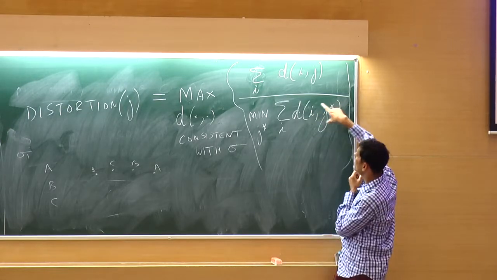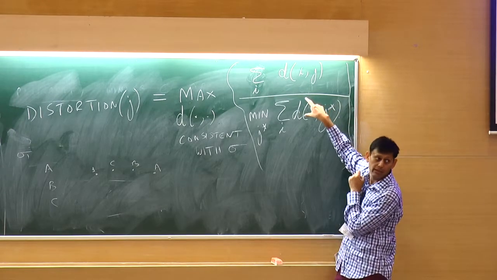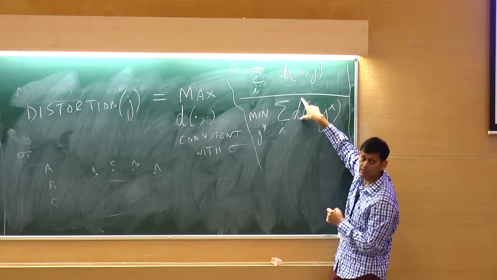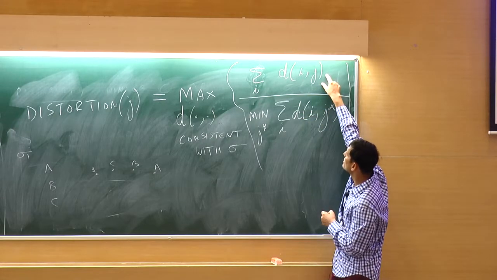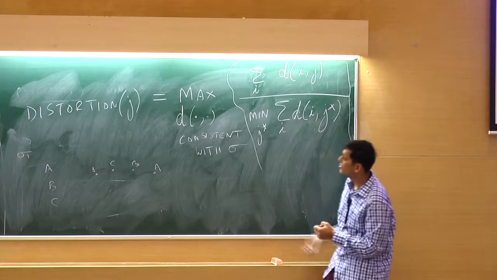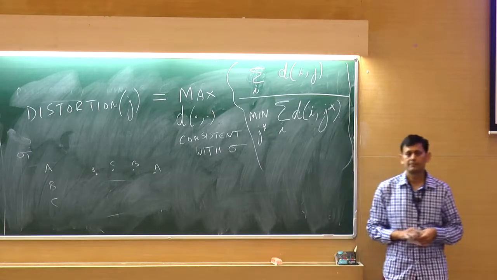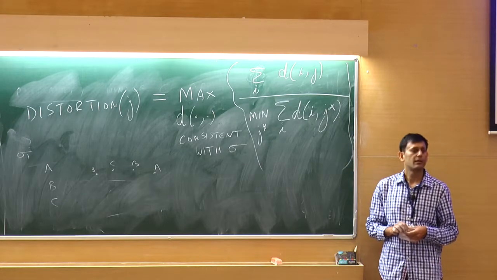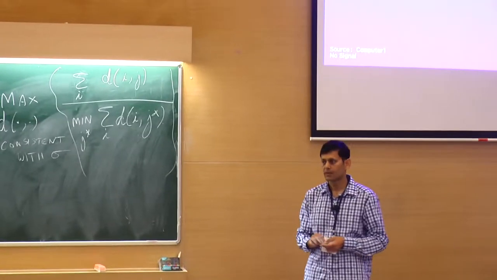This is the median candidate in terms of the distances of the voters in this metric space D. We take the ratio and we find the worst metric, and that's the distortion of J. Does this make sense?